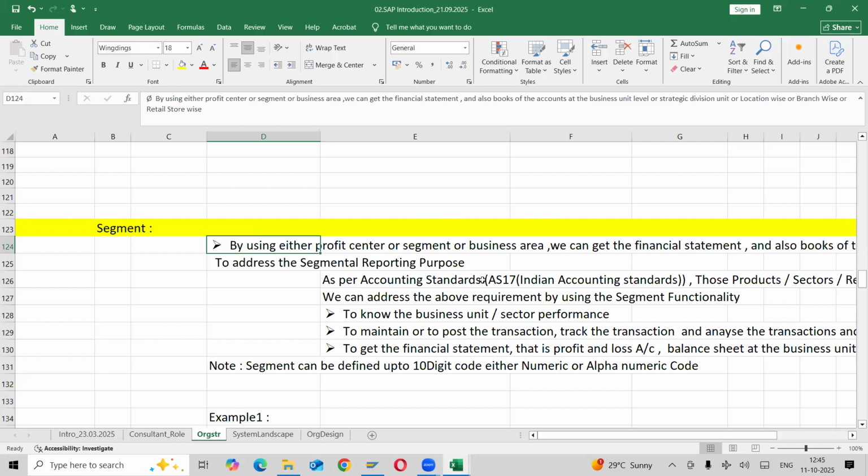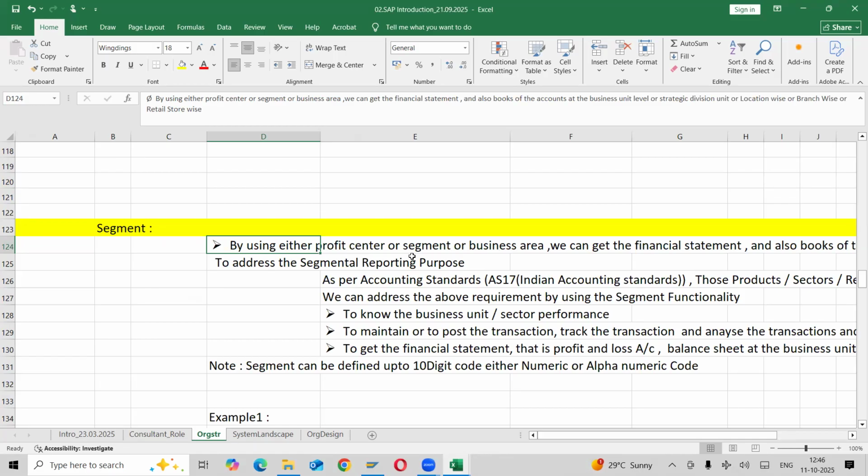The purpose of business area, segment, and profit center is the same. But business area has a lot of limitations. It won't integrate directly with the CO module, and we can't generate multi-dimensional reporting. If I link a business area, I can't get the profit center and segment.